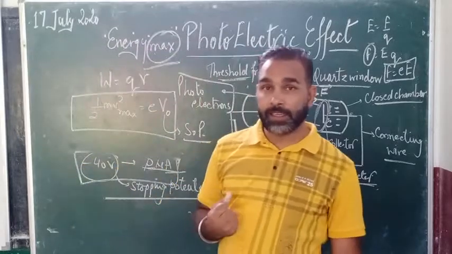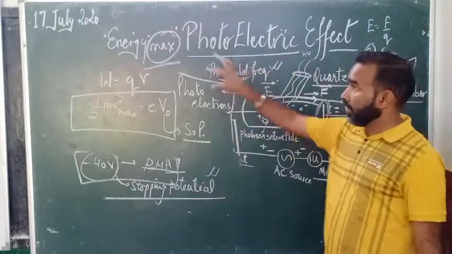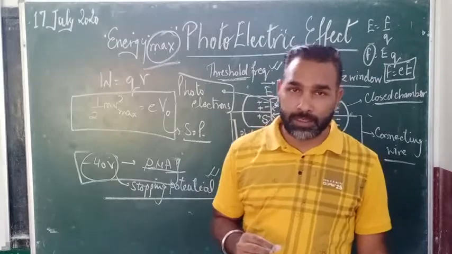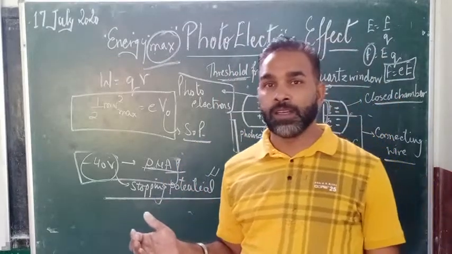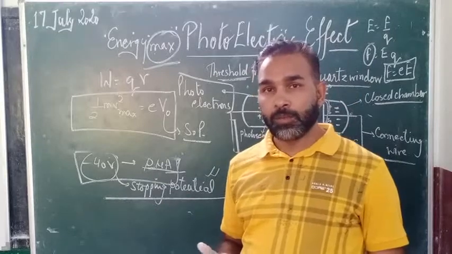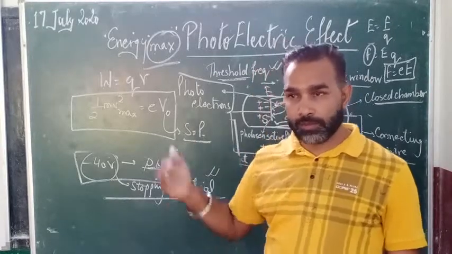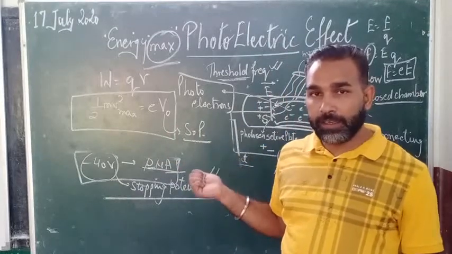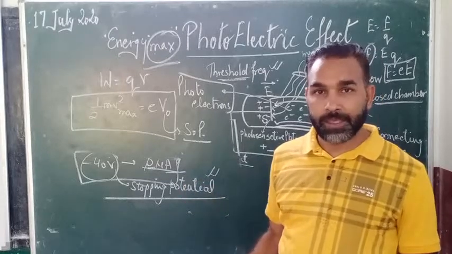And the energy of the electrons at the stopping potential is maximum. So next we will discuss the graph representation of stopping potential with different terms like intensity and potential, and those graphs are very important. So just go through this. It is a very important topic. If you have any doubt, please do comment. I will resolve your queries. That's all. Thank you.